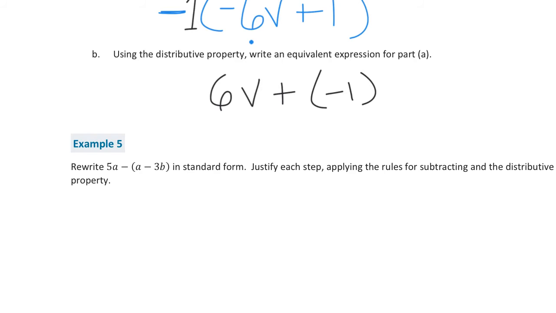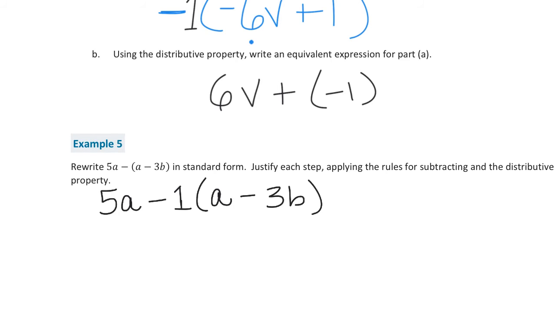On the next one, it says to rewrite 5a minus the difference of a minus 3b in standard form. So 5a minus, we're going to put that 1 there to help us with our understanding, parenthesis a minus 3b.